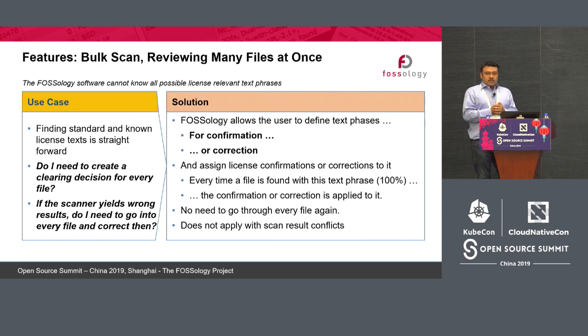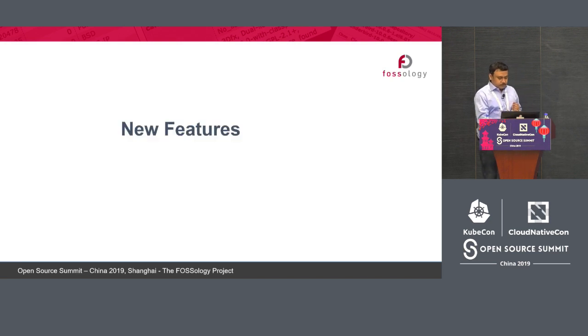FOSSology gives you the bulk option, where you can get the relevant text from the source file, mark it in the bulk scanning agent, choose the relevant license from the list, and scan it for the whole package. In bulk, you can also add or remove licenses.